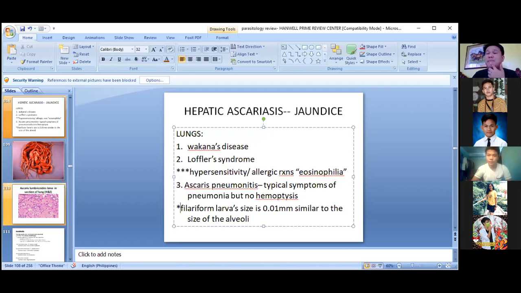Pag nagulat ka, may bulating lumalabas. Marami yan sa mga poor communities. Kapag nagde-deworm kami sa communities, magugulat na bigla silang susuka, ang dami nilang isisukang mga bulate. Kasi nai-irritate yung mga parasites the moment you take albendazole, mebendazole, or ivermectin.